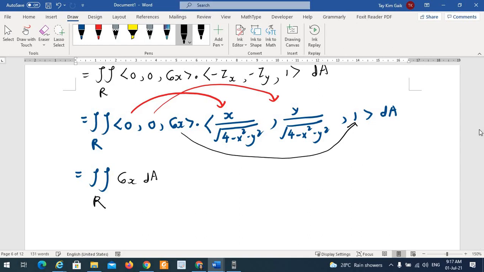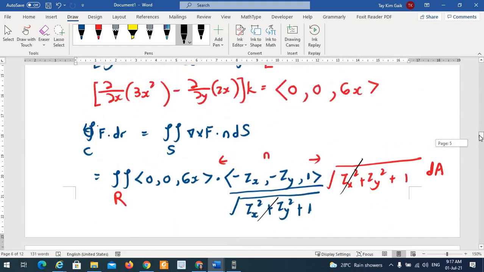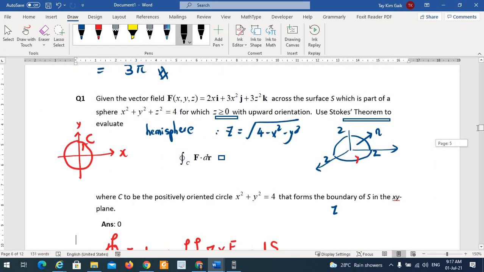over region R. The surface is a hemisphere here. The projection is a circle with radius 2 units. So region R is circular with radius 2 units, and the projection involves quadrants 1, 2, 3, 4.